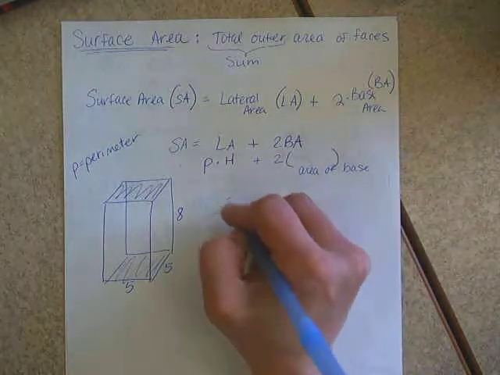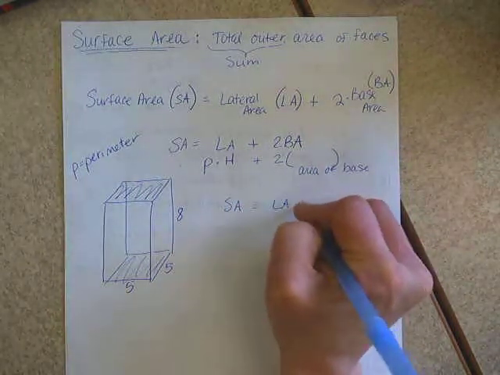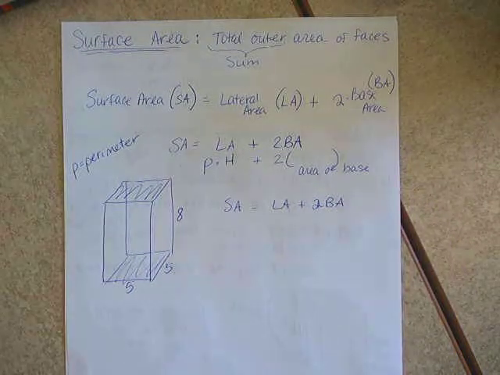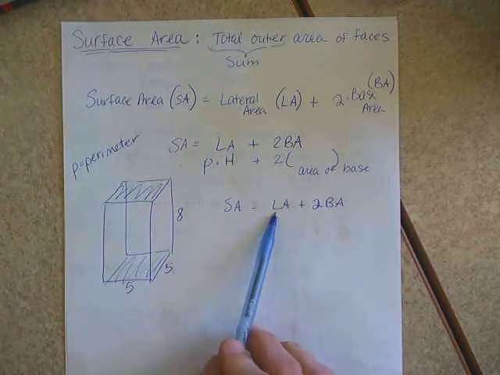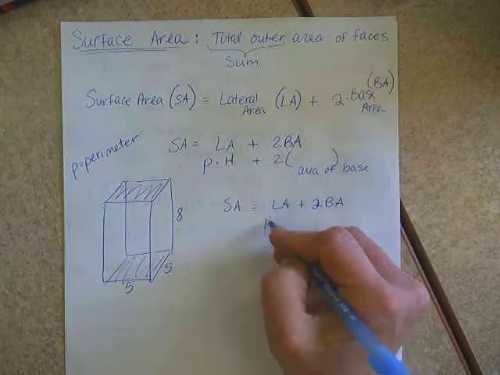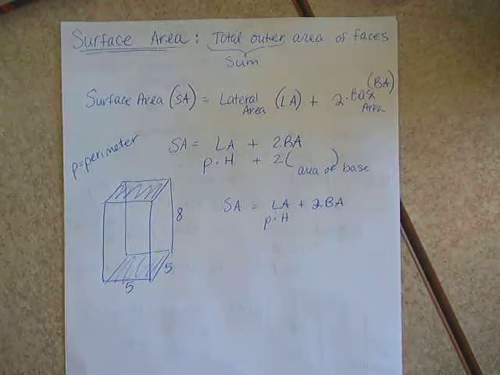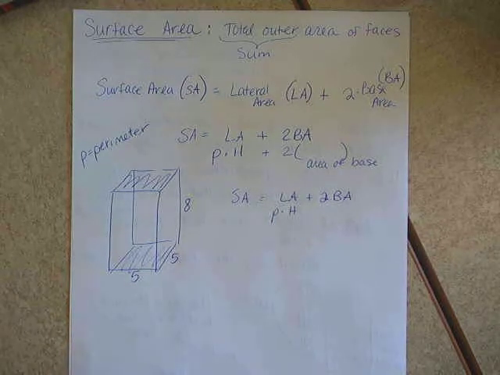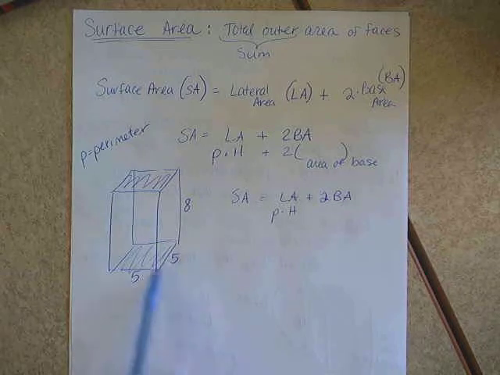Okay, this is a square prism. Now, if all the dimensions were the same, it wouldn't be a square prism, it would be a cube, right? So, I would start by saying surface area is lateral area plus 2 base areas. And then we break it down.